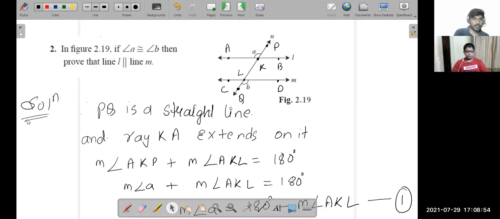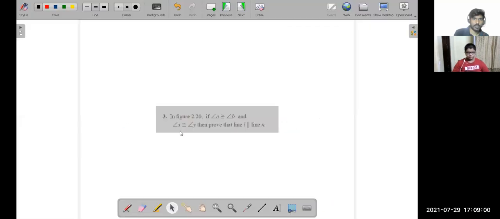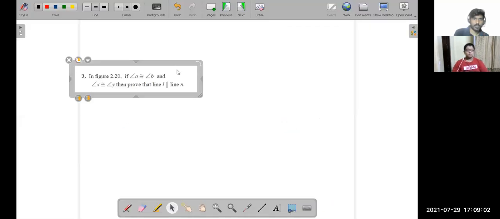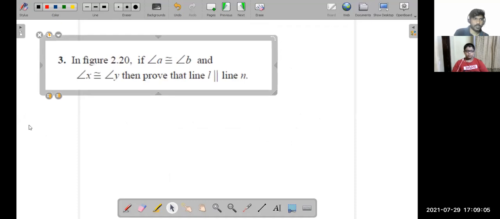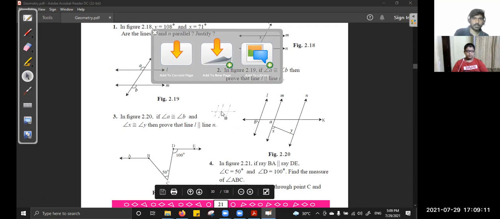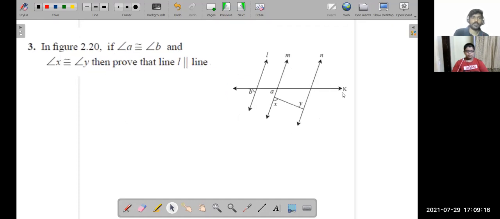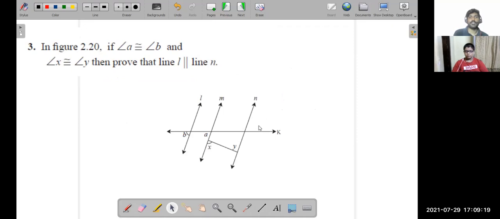You had to prove line L is parallel to line N. L parallel to N. How did you do it?